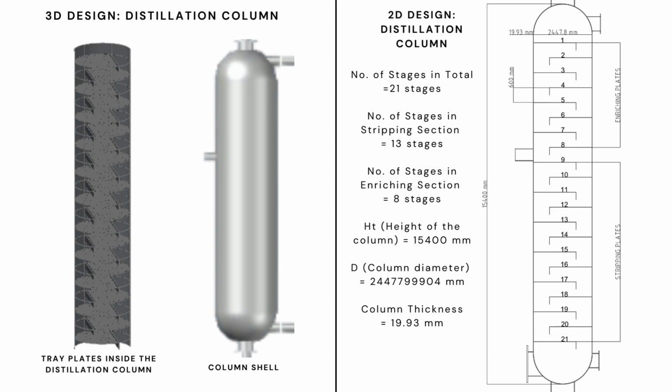The column's thickness is specified at 19.93 millimeters. This precise 2D representation provides a clear and accurate overview of the column's key dimensions and stage distribution, ensuring a comprehensive understanding of its design and functionality.